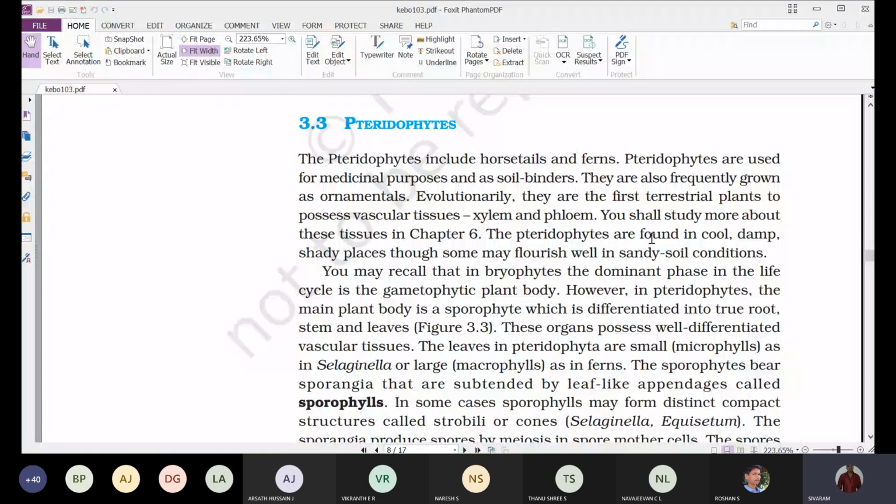Presence of these vascular tissues is the primary character of terrestrial plants. That's why these pteridophytes, which possess xylem and phloem for the first time in the evolution of plants, were considered the first terrestrial plants.